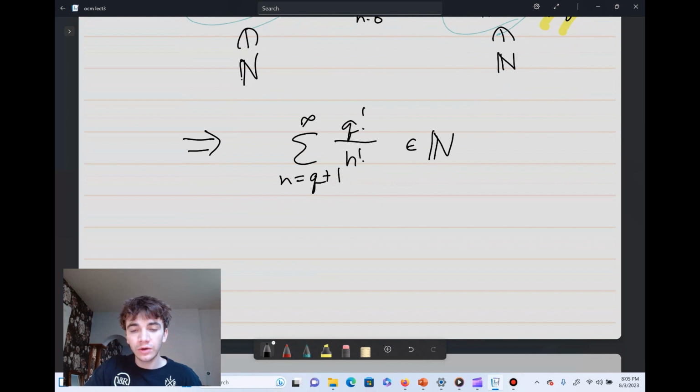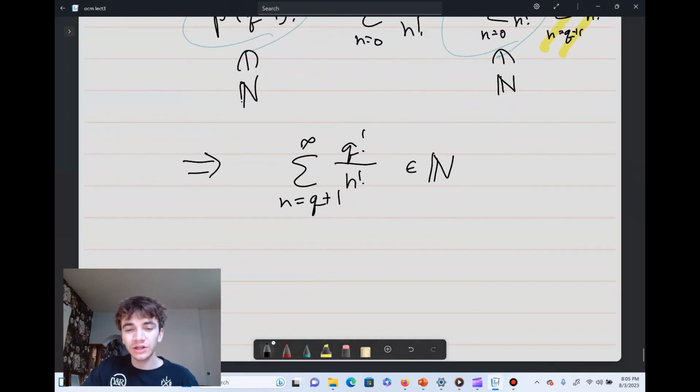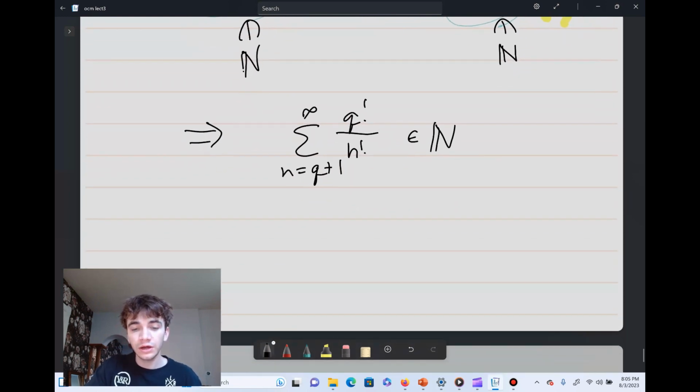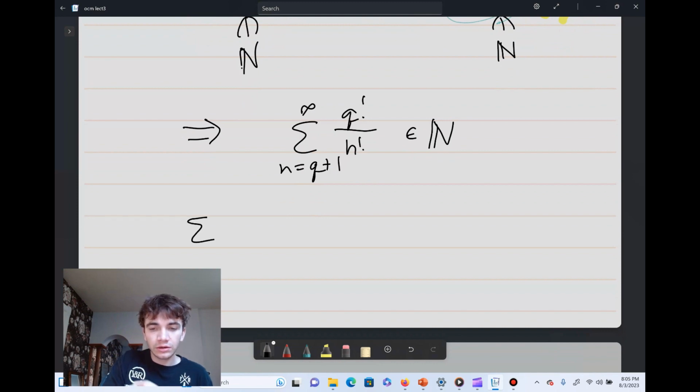However, we can go ahead and manipulate this expression and show that it's actually smaller than 1, okay? And the basic idea comes from showing that each term in this series is going to be less than 1 over 2 to the n, okay?